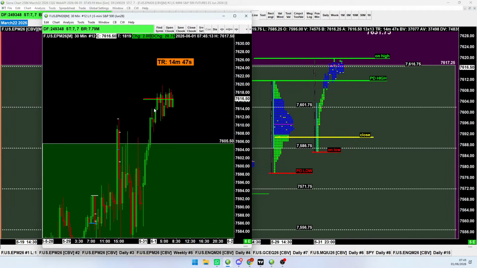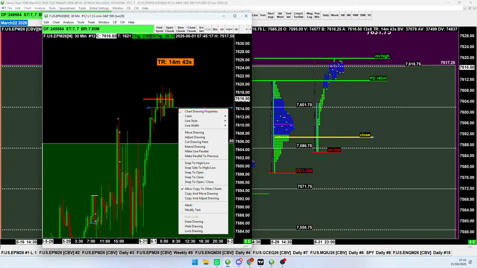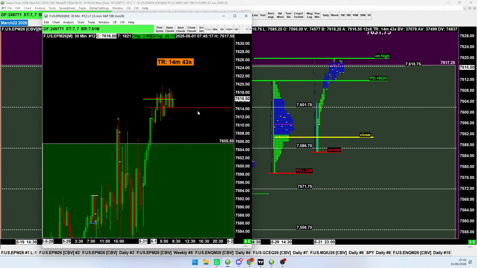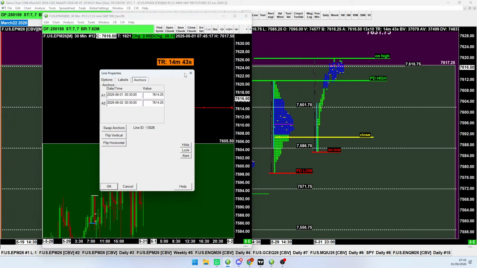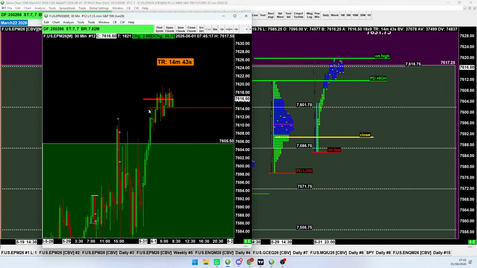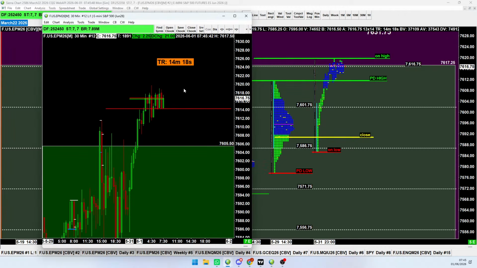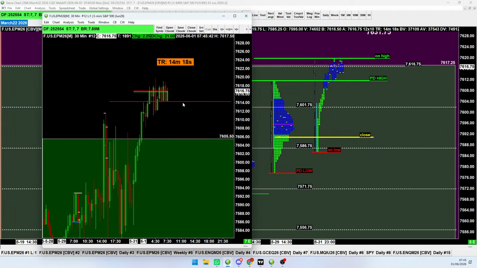At this level right here, if you draw a line, let's make it red, right at 76.14, you can see that for the last 6 half-hour periods, the last 3 hours, we've been above that 76.14.